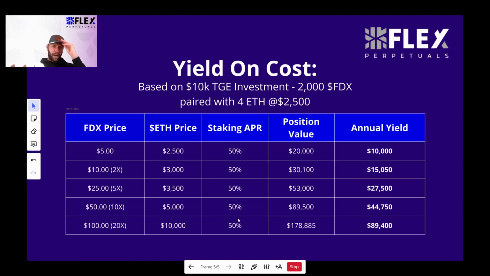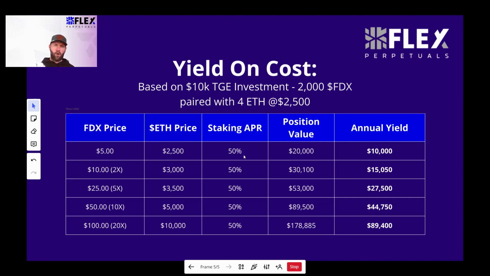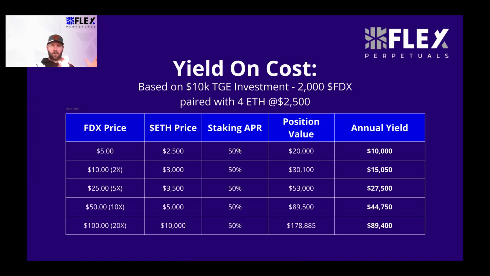Now, I think that is something that's going to be highly achievable, particularly within the first year or two, being able to provide returns like that, if not significantly higher, particularly when we're dividing the TVL across two separate LPs, the SD FDX LP and the FDX ETH LP on Aerodrome.